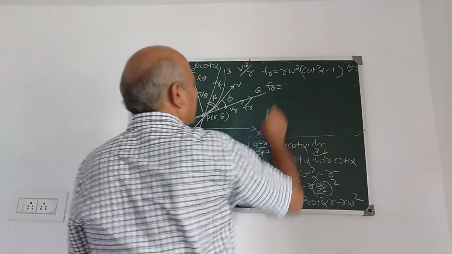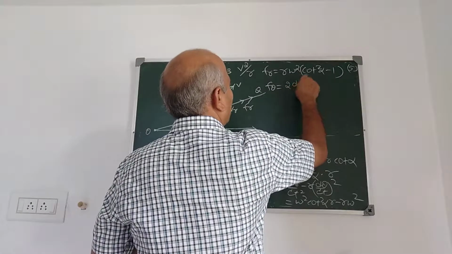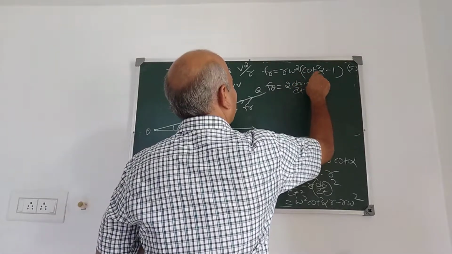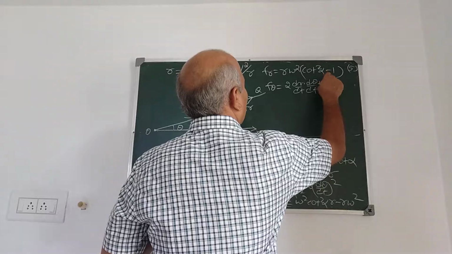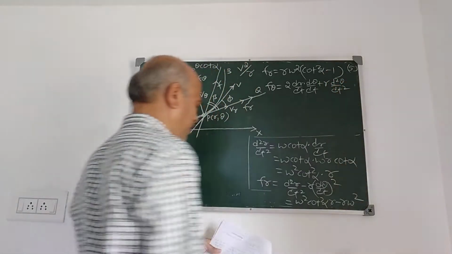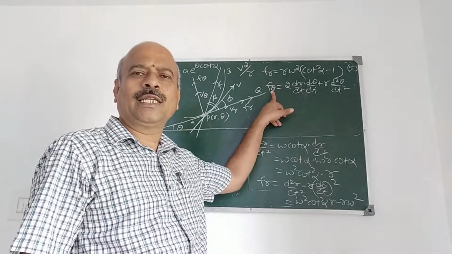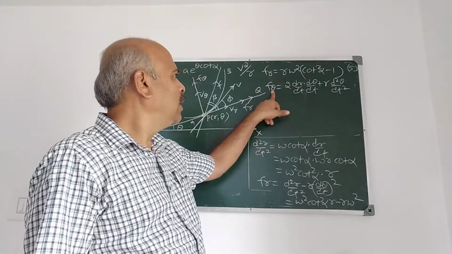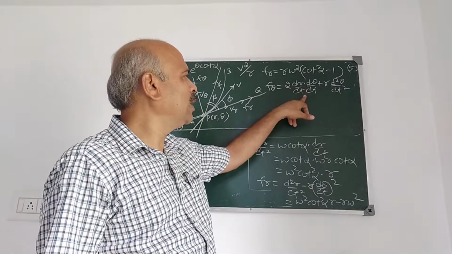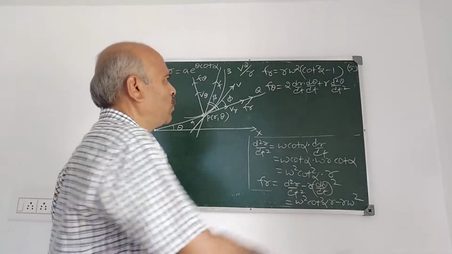What is F theta? We use this expression: F theta is 2 dr by dt d theta by dt plus r into d2 theta by dt square. Usually we use F theta, the transverse acceleration, as 1 upon r d by dt of r square d theta by dt, but in this problem we use this form.